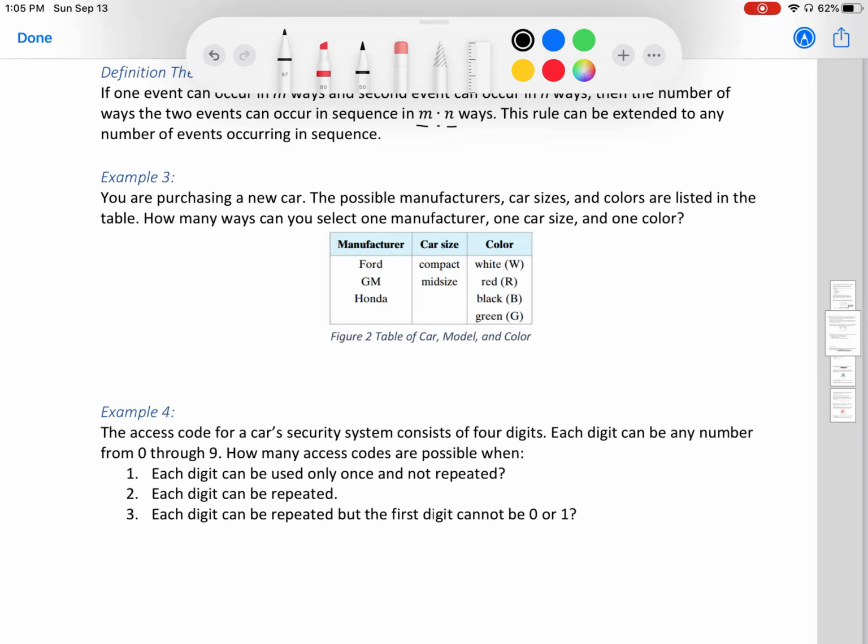So if we were to do a tree, you would start out with manufacturer, which would give us Ford, GM, and Honda. All right, for Ford, we can pick either compact or midsize.